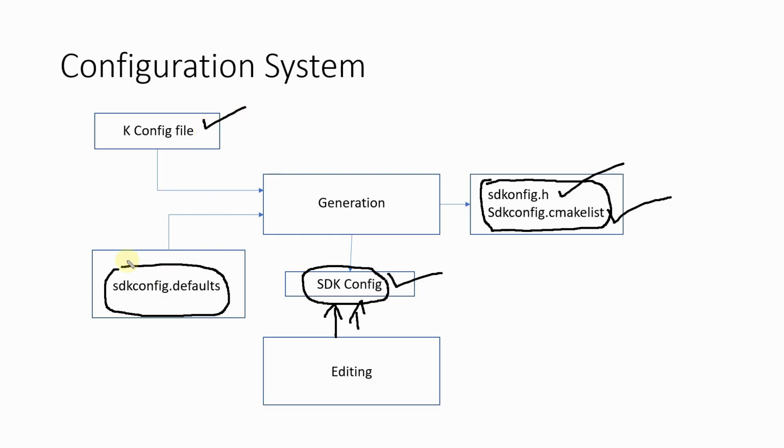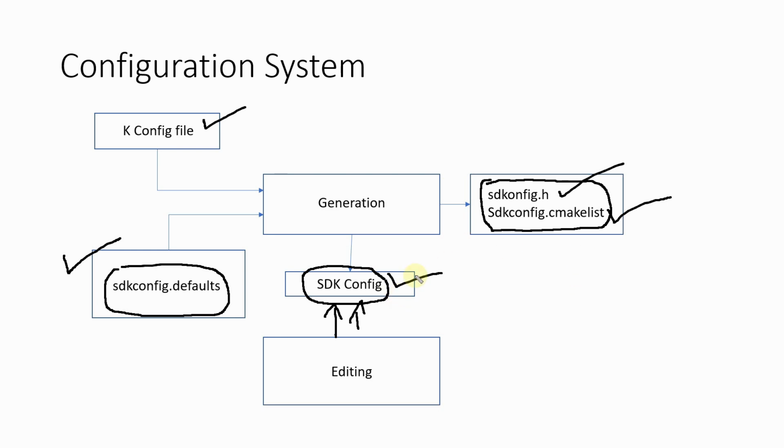It gets the default values from sdkconfig.defaults, if it exists, or Kconfig itself generates the initial version of sdkconfig.h and the CMake file. When you edit the sdkconfig manually or using a GUI, it will be modified and the output files will be regenerated.